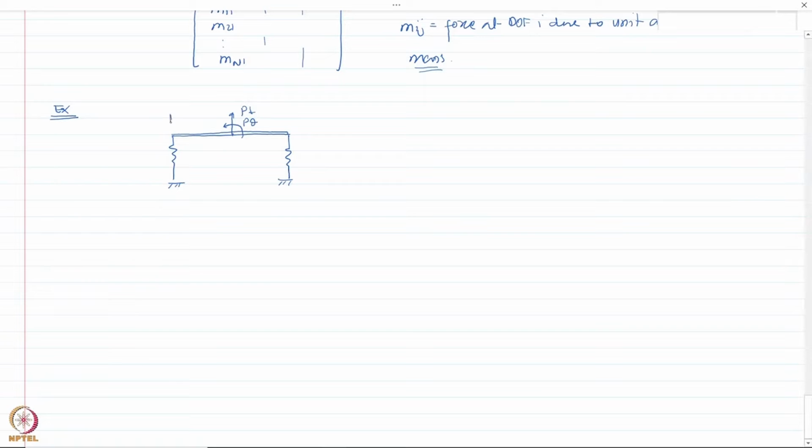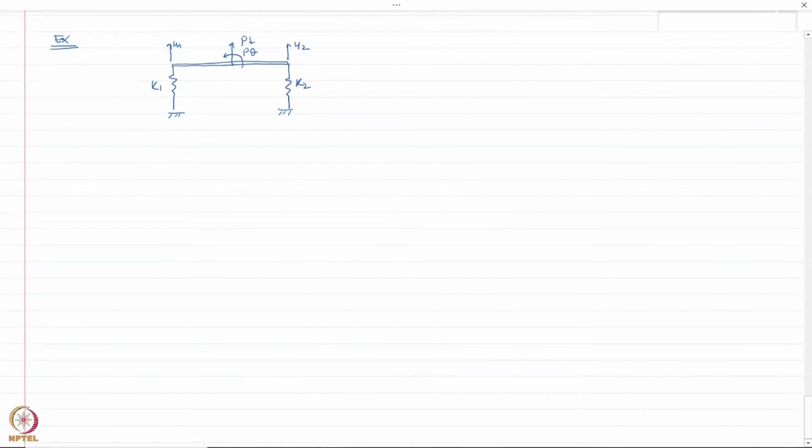Okay, and the degrees of freedom are u1 and u2. And these springs have stiffnesses k1 and k2. So the equation of motion needs to be found using both methods, first the direct equilibrium method and then the influence coefficient method. Okay, so let us first do the direct equilibrium method.